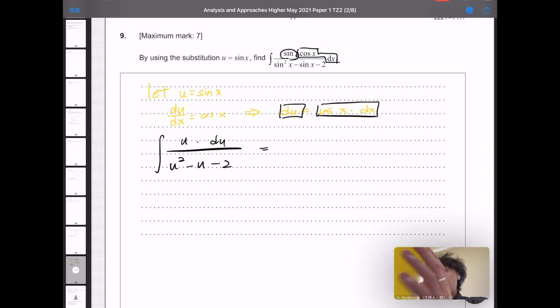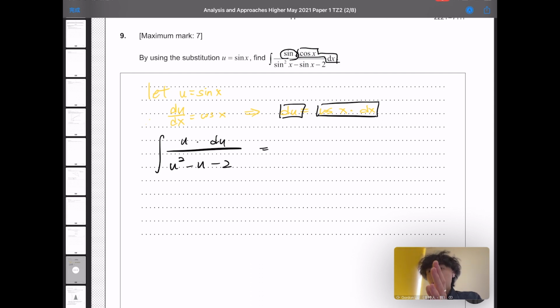So we can see that we turn it from a trigonometric integration into a rational function integration. And when dealing with integration of a rational function, we need to make sure that we look at the degree of the polynomial, the rational function that we see.